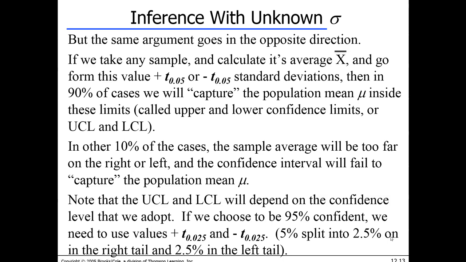If we have 95% confidence, that means that 100 minus 95 gives you 5%, and again we have to split that between the right tail and the left tail of the distribution, which means that in each of the tails we have 5% divided by 2, or 0.025, right? So in this case we're looking at t 0.025, 2.5% on the right tail, or minus t 0.025, same 2.5% on the left tail of the distribution.